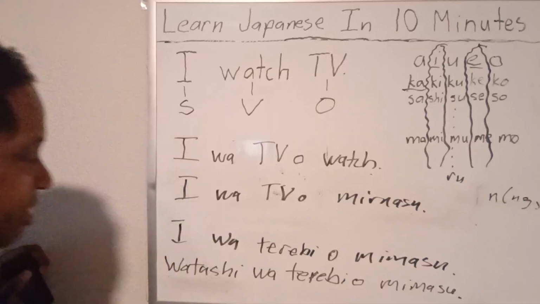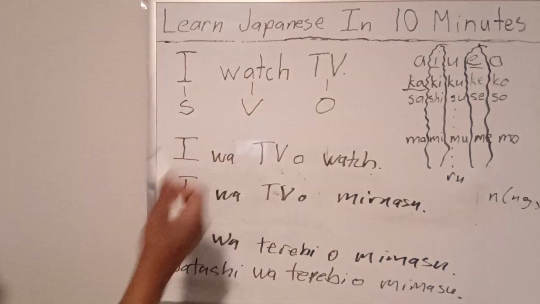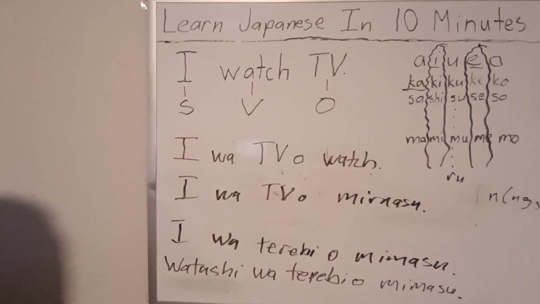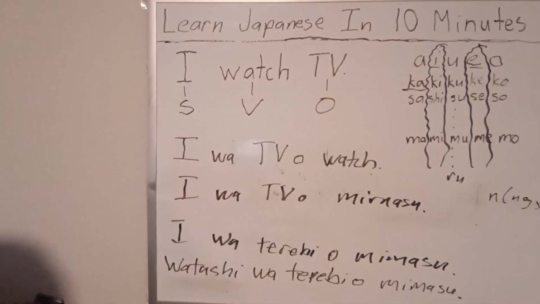And that's it: Watashi wa terebi o mimasu. That's how you say I watch television. That's basically how Japanese works. If you can say this sentence, you can say just about anything in Japanese. Watashi wa terebi o mimasu. There's more to learn, but it's all basically the same type of thing. So congratulations, you can now speak Japanese.